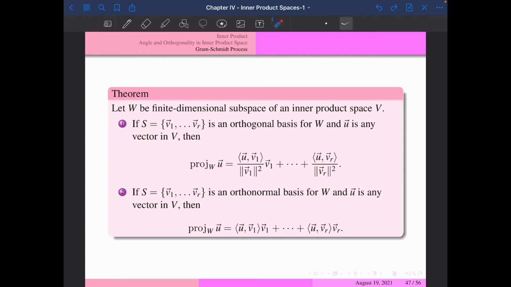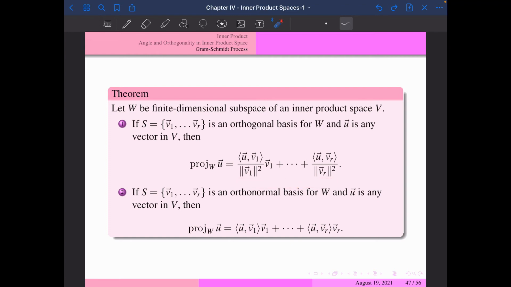So if W is a subspace of the inner product space V, and S is an orthogonal basis for W, then we have the projection of vector u on the subspace W equal to this formula.